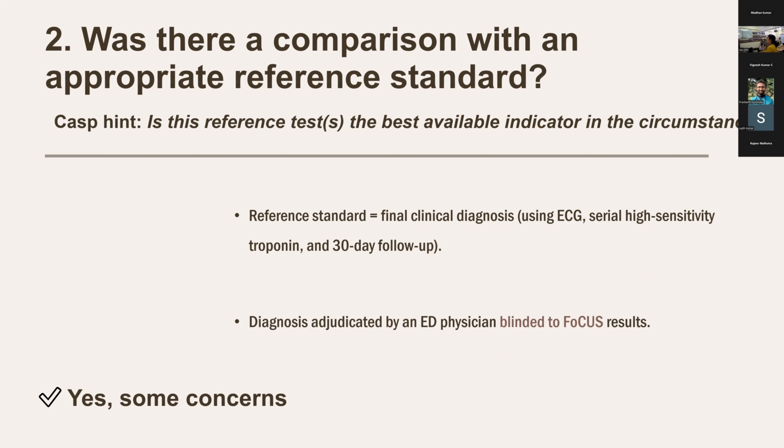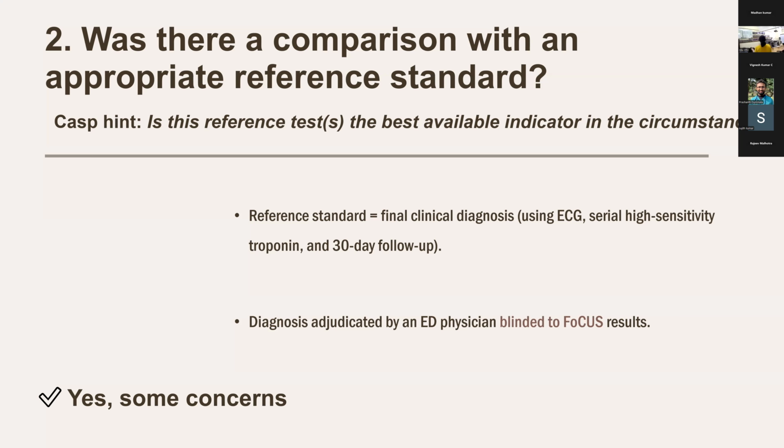The second question is, was there a comparison with an appropriate reference standard? Here, the reference standard they looked at is at the end of 30 days. After the patient got discharged, a third, independent ED physician looked at the review, looked at the ECG, troponins, and final discharge diagnosis, and then decided if the patient had NSTEMI or not.